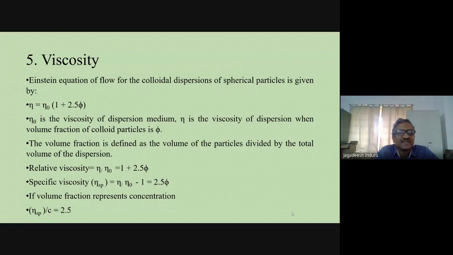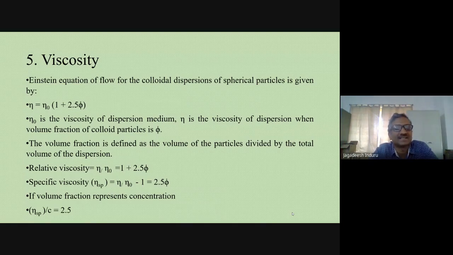These four viscosities are very important to us, and we are going to determine them. This will be helpful to determine the molecular weight of colloids also. What is the application of it? You can determine the molecular weight of colloids.